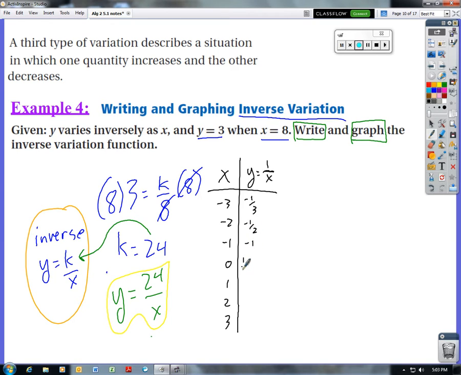And then 1 over 0 right here. What is 1 over 0 actually? It's undefined. It doesn't exist. We can divide 0 by numbers, but we can't divide numbers by 0. So that's going to be interesting. And then down here, 1 over 1 is just 1, 1 over 2 is 1/2, and 1 over 3 is 1/3. So let's draw a graph.